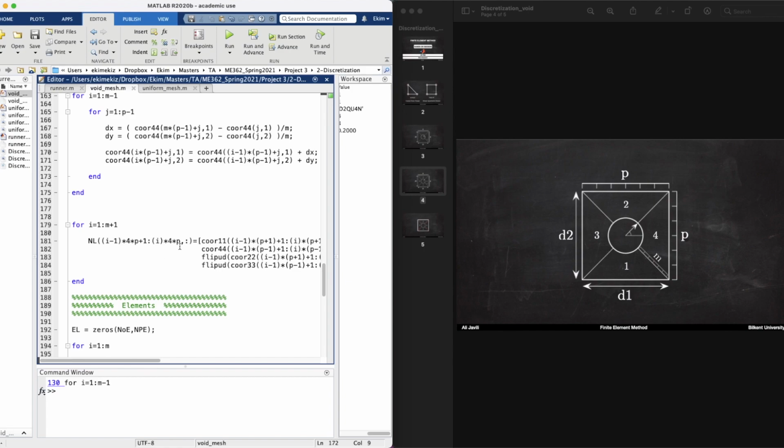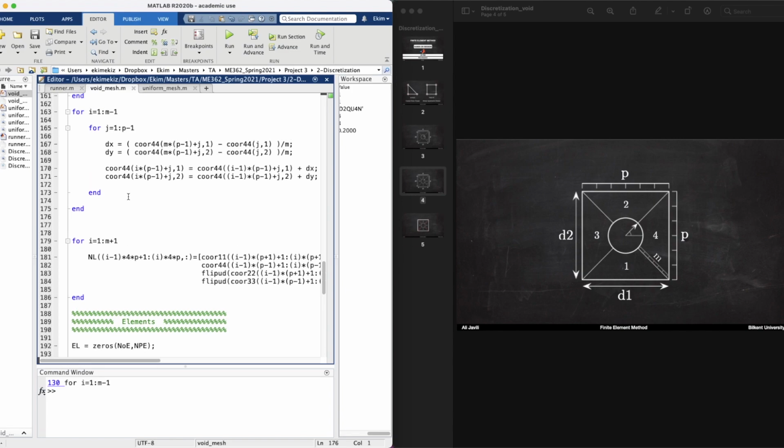So what's left to do is now we have 4 distinct regions that we want to merge together to have a full node list.